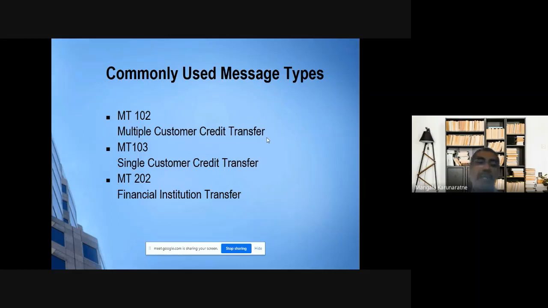Sorry for the interruption. So if we miss 103, say a customer transaction, and after the cutoff they won't accept, I mean the system will reject 103s, right? Earlier the cutoff time of the central bank was 2 o'clock, but the system was open till 3 o'clock to accept the MT103.